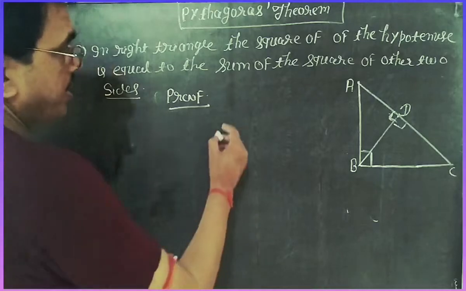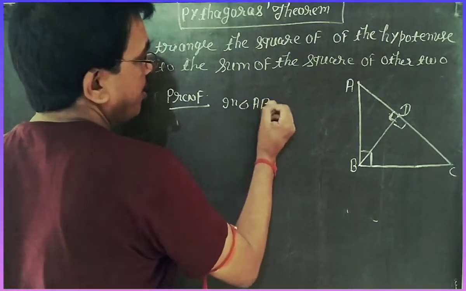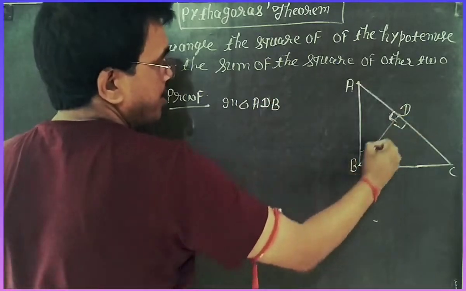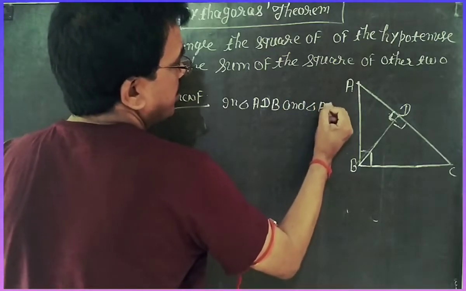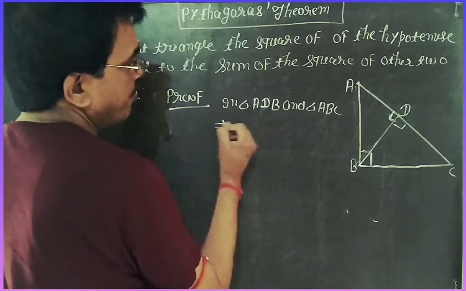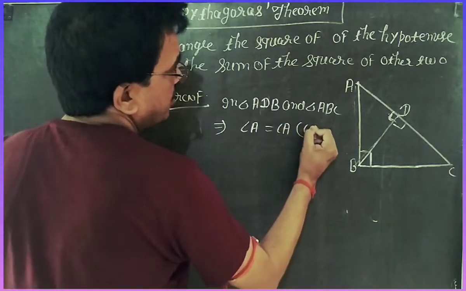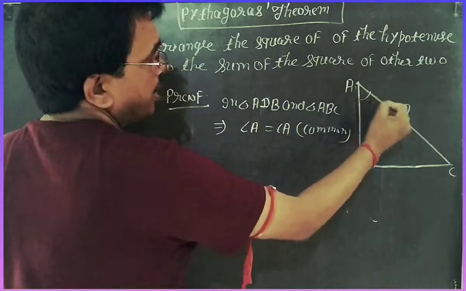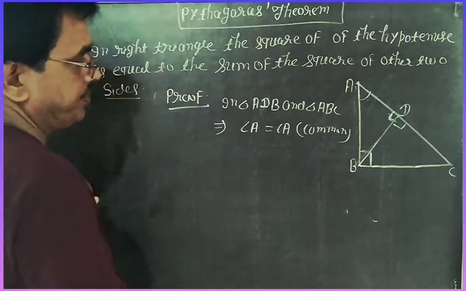So first we write in triangle ADB, here is ADB. ADB is a small triangle and large triangle, that is ABC. So what is the relation between them? First you write angle A is equal to angle A, that is common, because this angle A is common between ADB and ABC, both triangles.